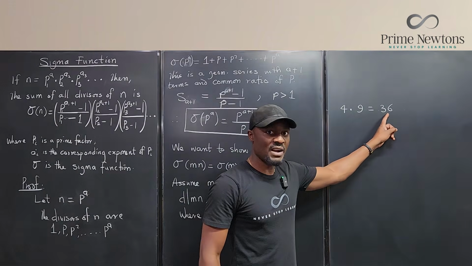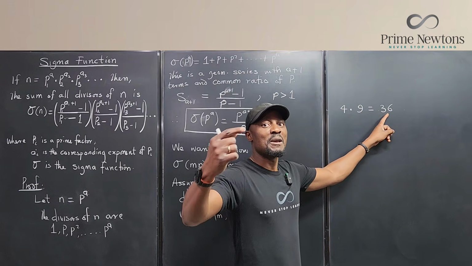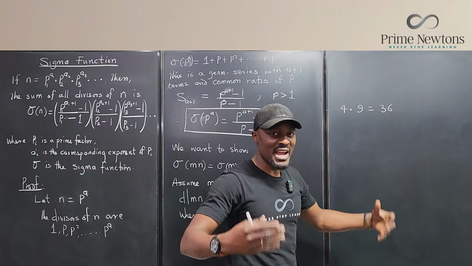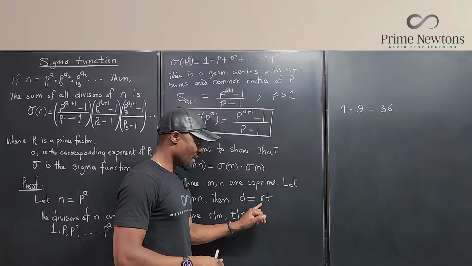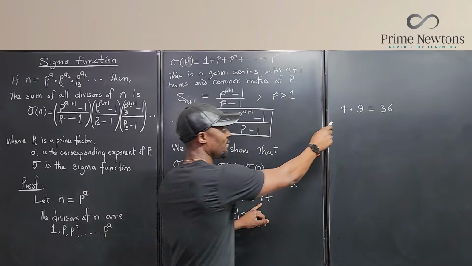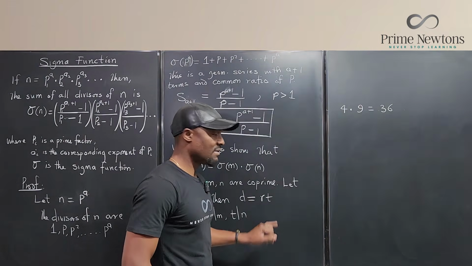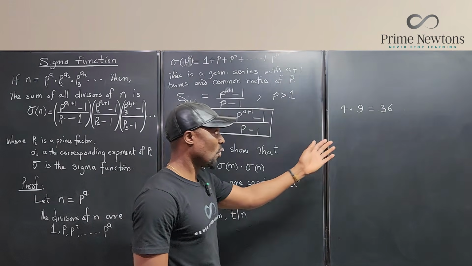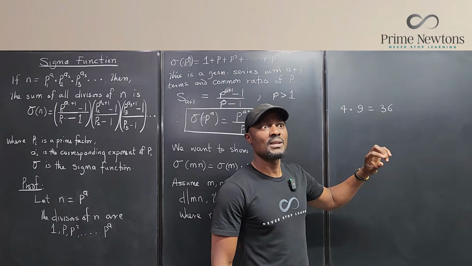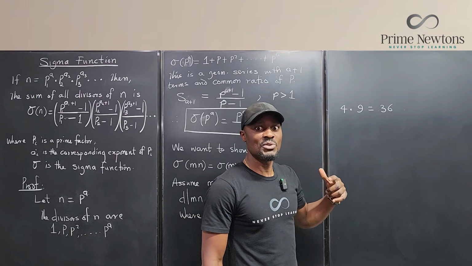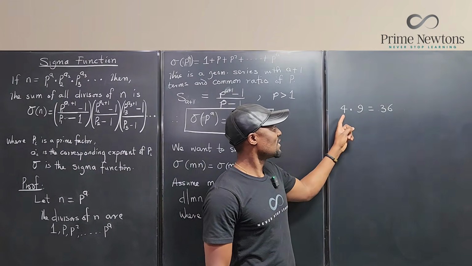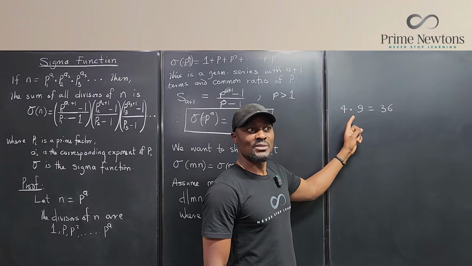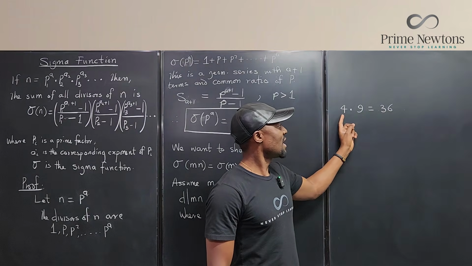Any number that divides 36 has to be written in terms of a product where the first number divides 4 and the second number must divide 9. So pick all the divisors of 36. Let's start with 1. Well, 1 can be written as 1 times 1. Let's pick 2. 2 can be written as 1 times 2. 3 can be written as 3 times 1.